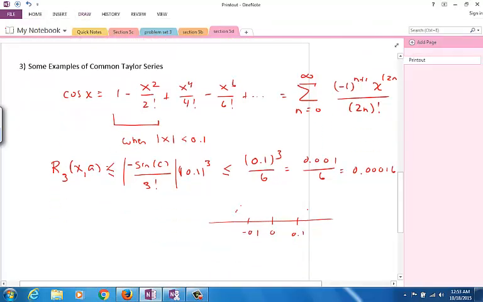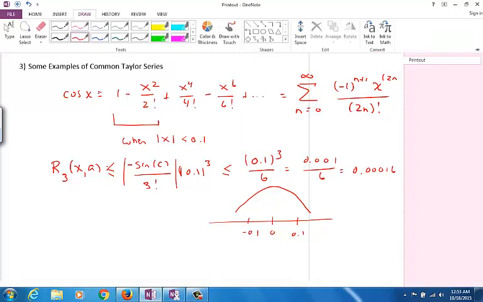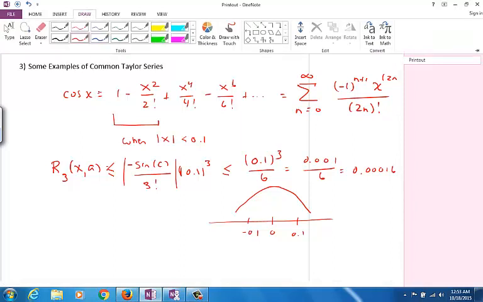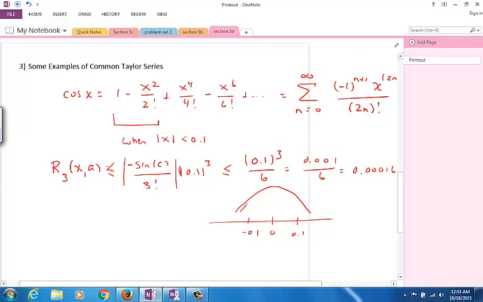It's going to be symmetric, right? This is saying the difference between this and the second order Taylor polynomial, I wanted to do this in a different color. There we go. This difference is never more than this.